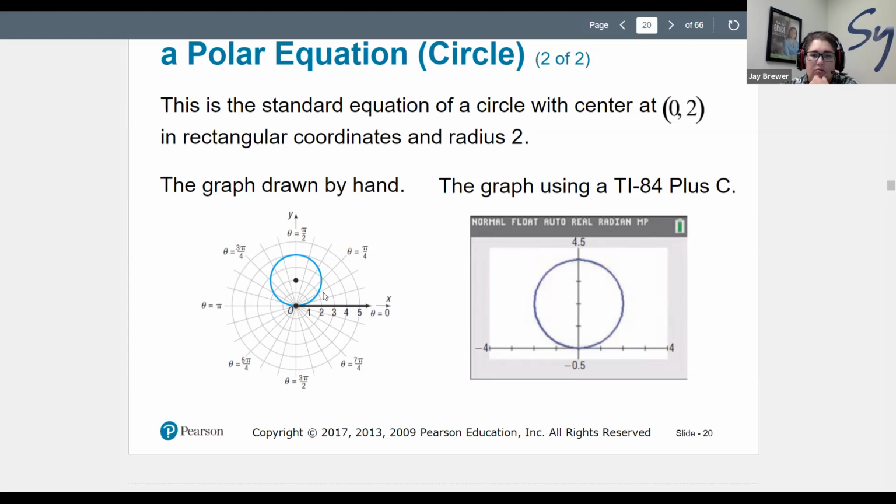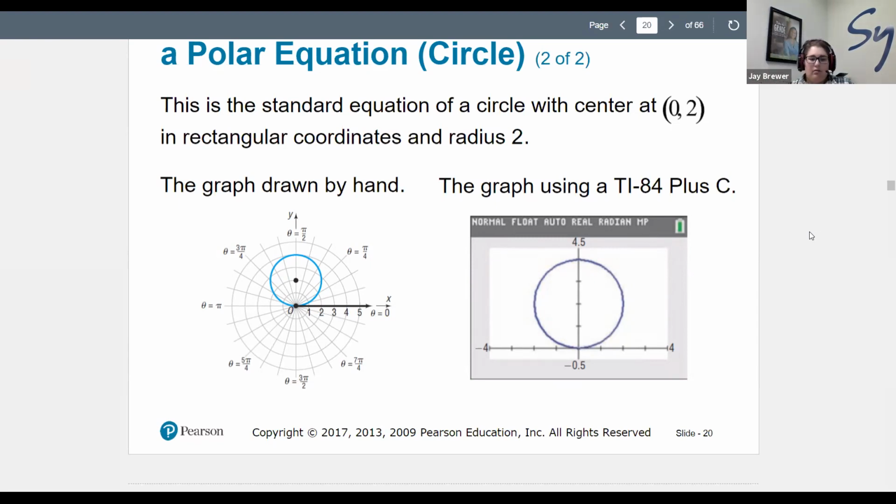So they use the polar grid, and they also use the graphing calculator. You can graph a circle, I believe not in polar, you just have to solve it for y first. Again, totally up to you what approach you would like to take. I would just use an online calculator.